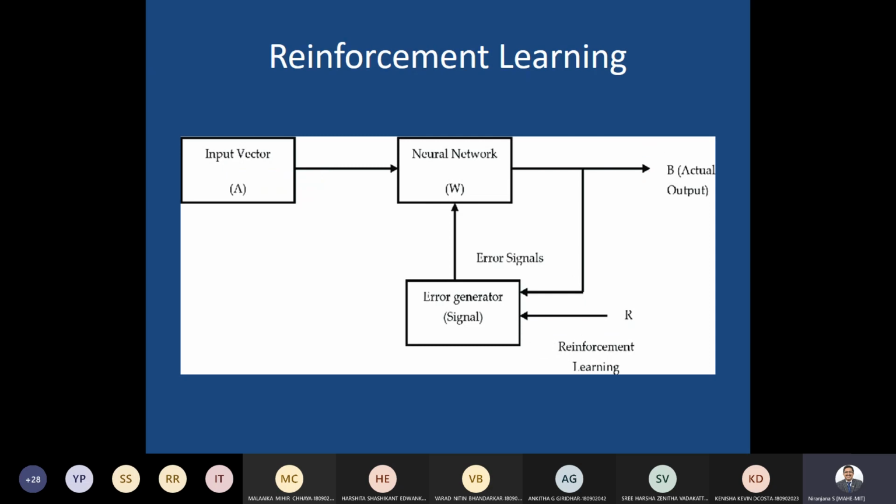That is a similar category to supervised, but there is a difference. In this case, the supervisor may not give a clear indication for learning. He may just say that you are right, you are wrong, or you are doing it on the right path. A partial instruction given for correction of the output will help you to update your parameters here. So it is also another model used for learning.